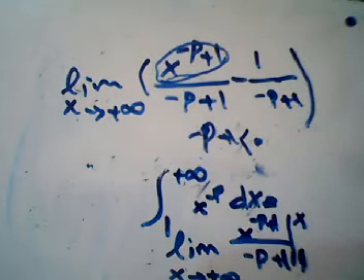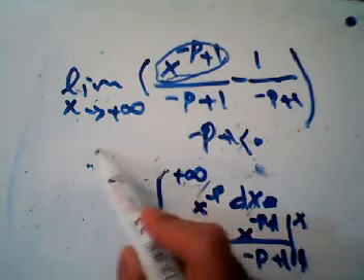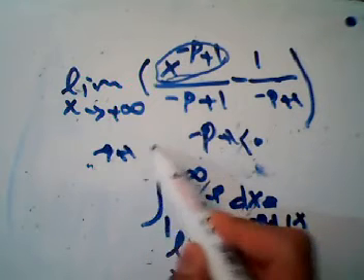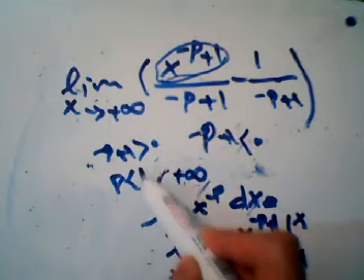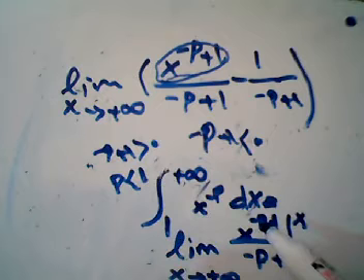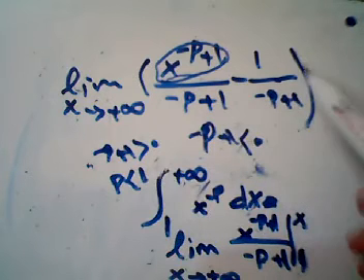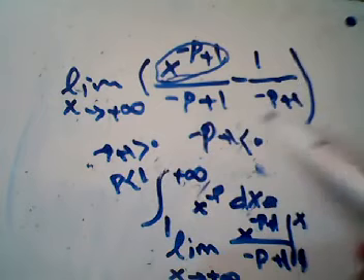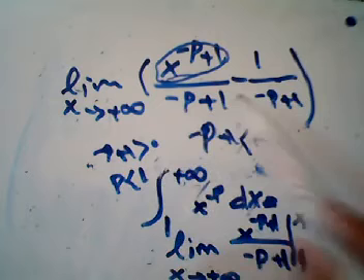So the whole thing would be infinity in the case that minus p plus 1 is greater than 0, which means that p is smaller than 1. And at 1, this doesn't work, okay? Because 1 makes this 0.